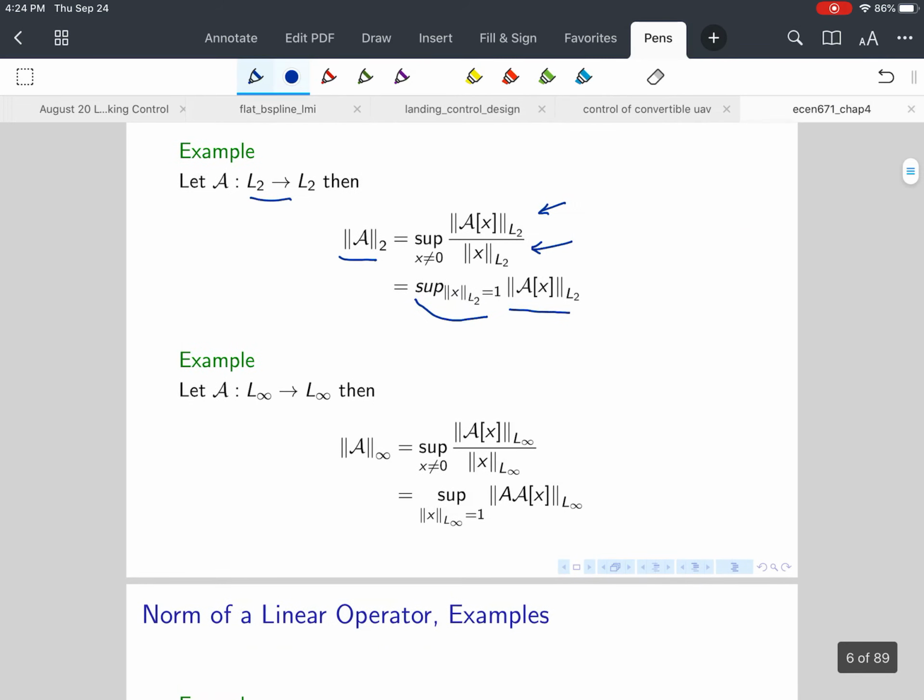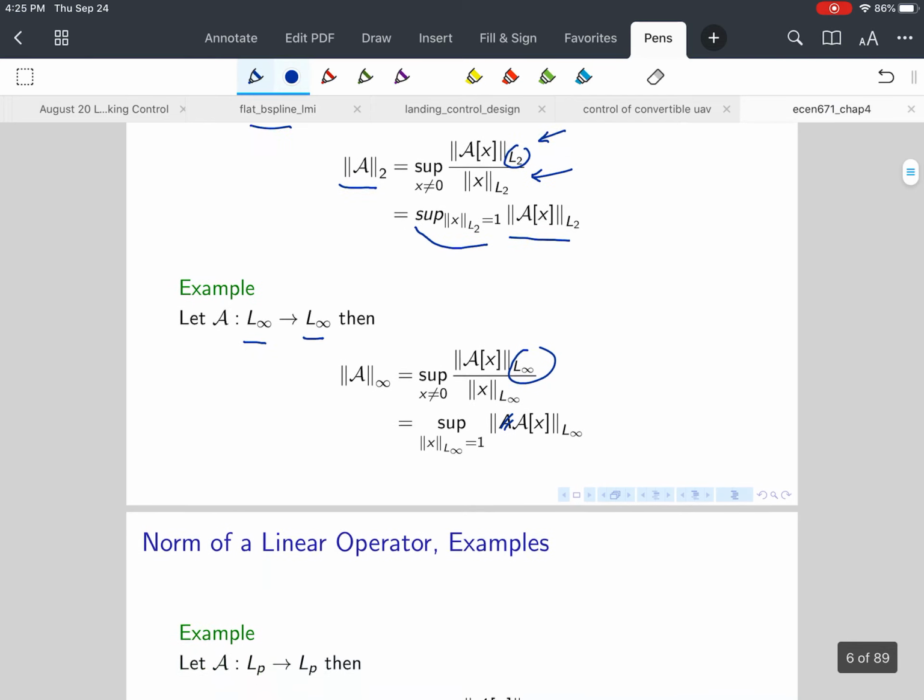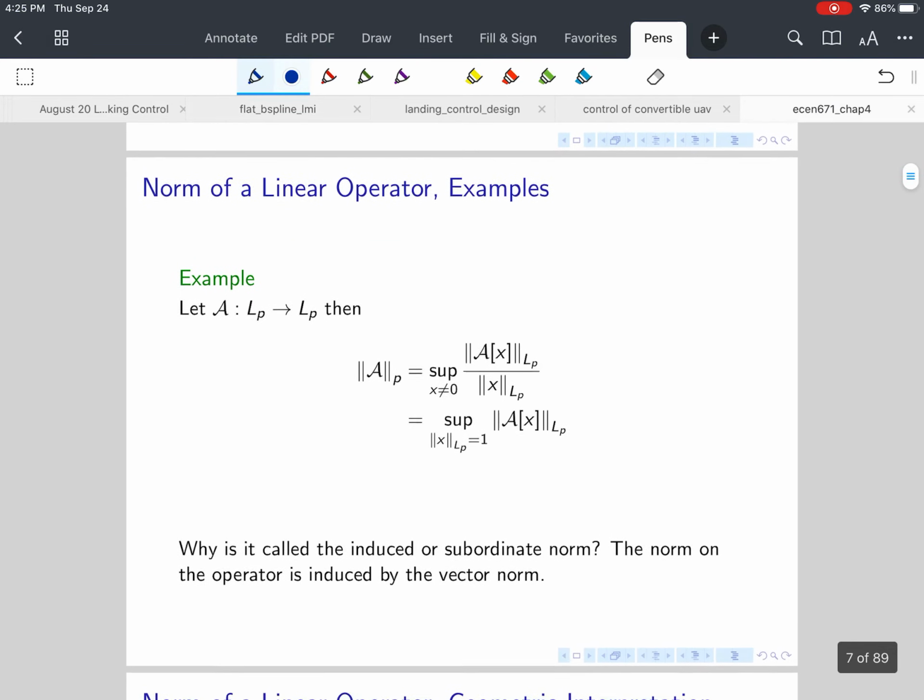If we were to do the infinity norm of the operator, then we're just going to replace these two norms here with L infinity norms for both the output space L infinity and the input space L2. Oh, this is a typo. Sorry, I've got quite a few typos here.